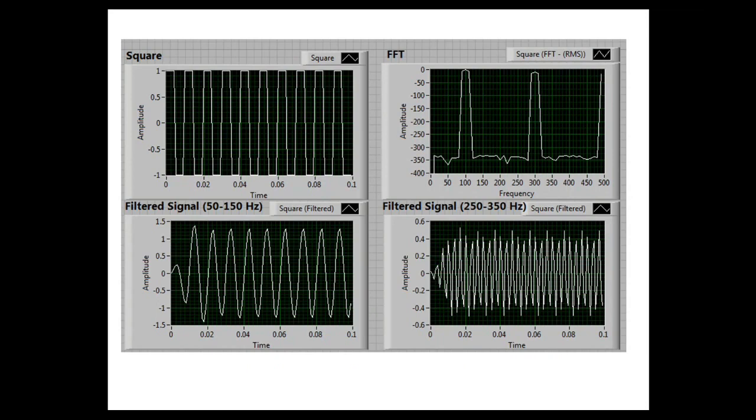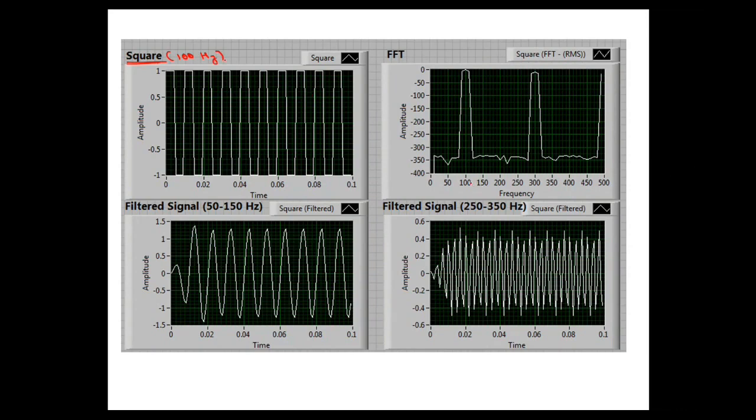Now to prove that, if we take a square wave and do the FFT, you will see that we get a series of peaks. Say this is a 100 hertz square wave.